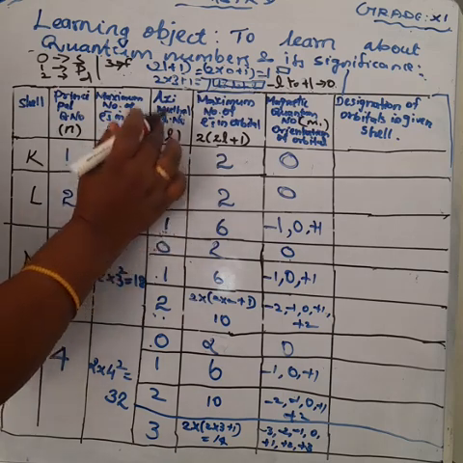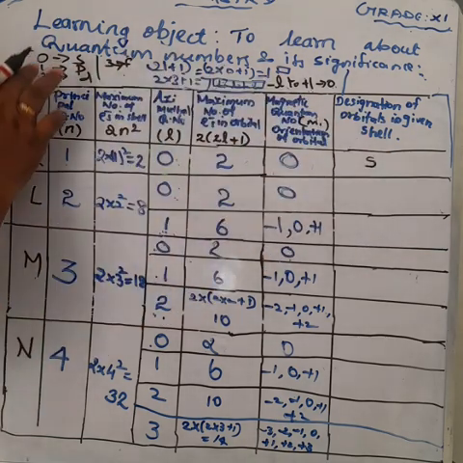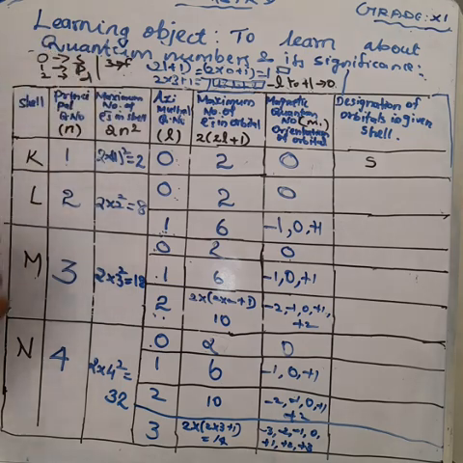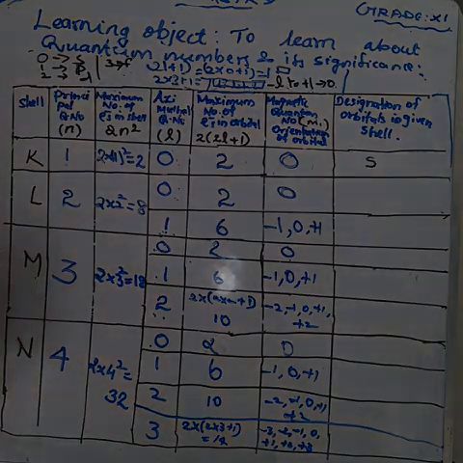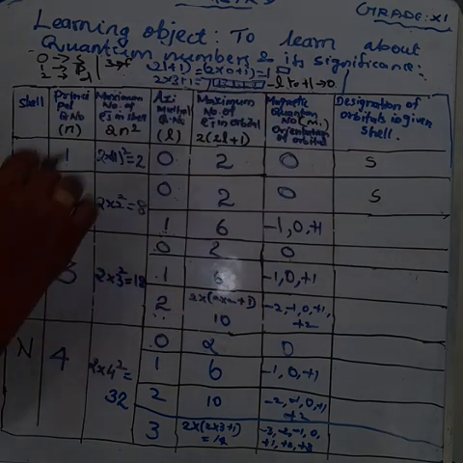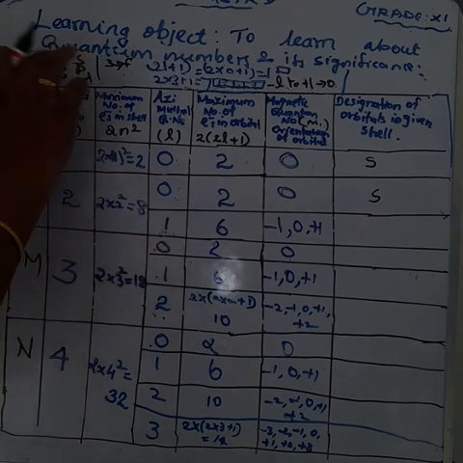L equal to 0 means s orbital, so we write s. Here also l is equal to 0, so we write s. And here l is equal to 1, which means p orbital.